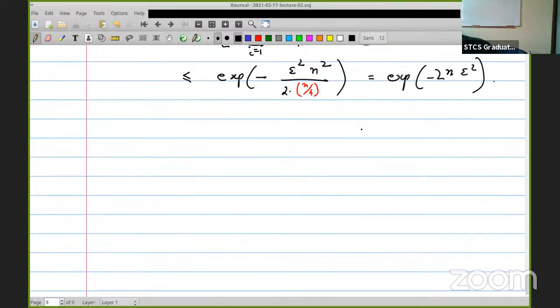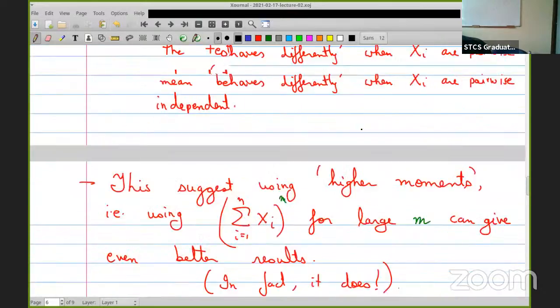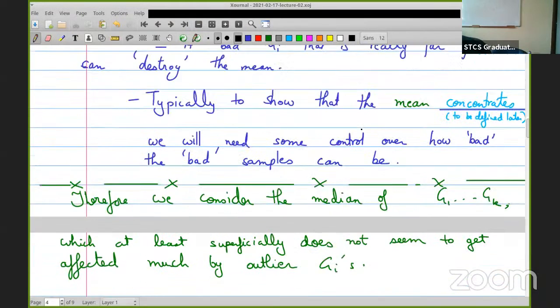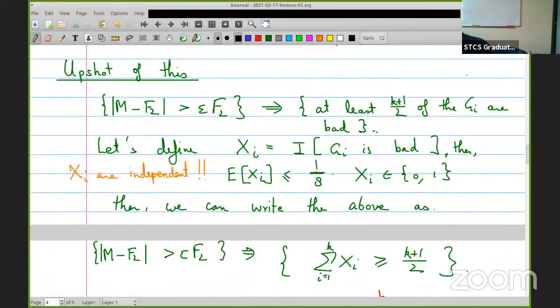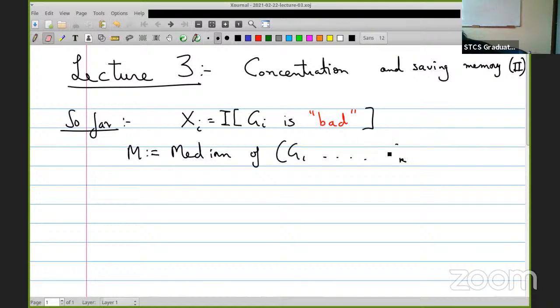Okay, let me see the notation right. I think the final estimator I call it g, right? Yeah, m is the mean only. And we define m to be the median of g1 to gk, with the gi independent, right?